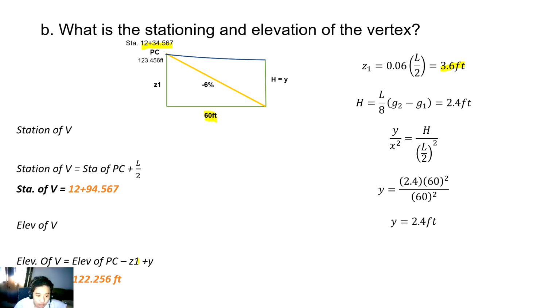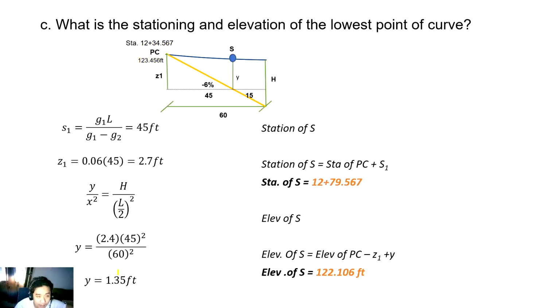So, kung 2.4 to, so, elevation of PC which is 123.456 minus Z1 which is ito, 3.6 feet plus Y which is 2.4 and we'll get 122.256 feet. Para naman sa C, what is the station and elevation of the lowest point of curve or yung S? Okay.